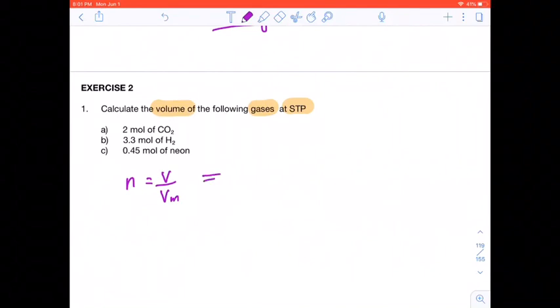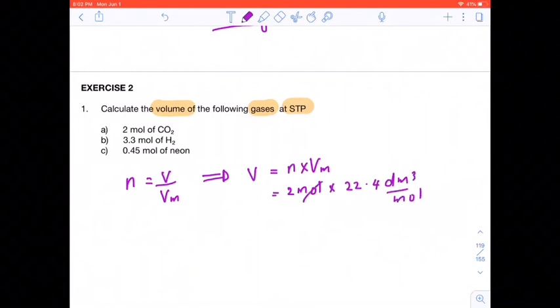And I use this notation to say it implies V is equal to n times Vm, which is the molar volume. n is equal to 2 moles times the molar volume, 22.4 dm³ per mole.